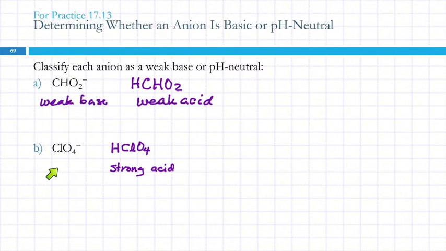No, it can't. This one is so strong, it's not going to let that one do anything. This one is an acid, but it's weak, and so this one is also going to be able to act as a base. So this is considered pH neutral. It's not going to change the pH. Any questions?